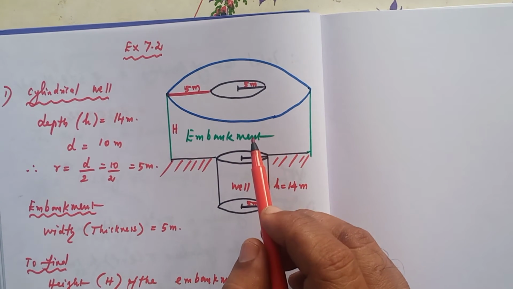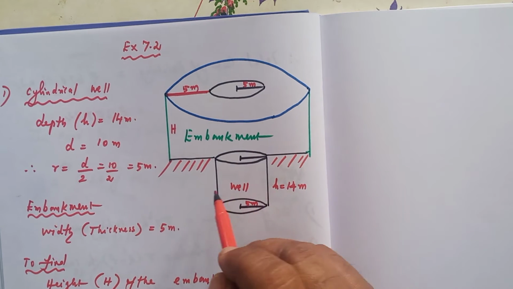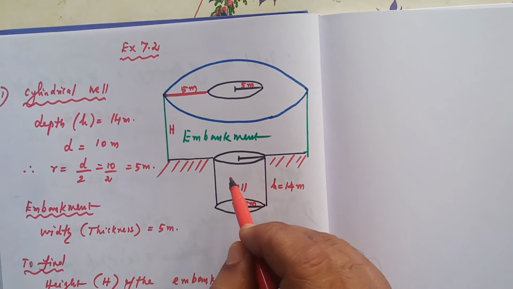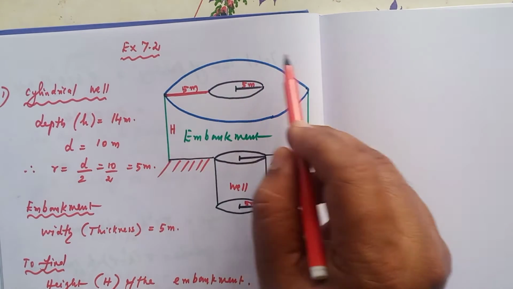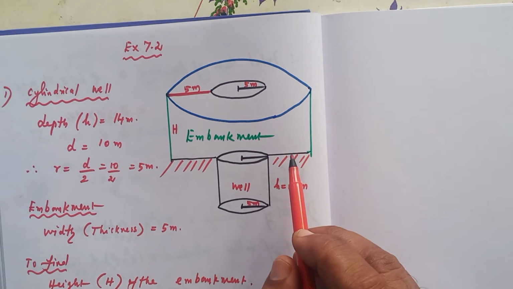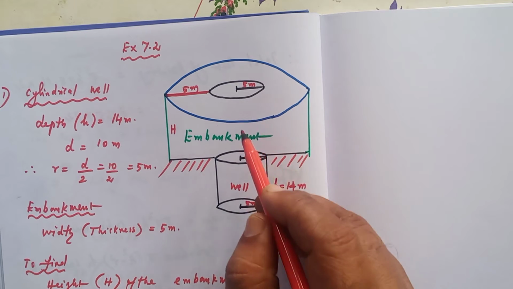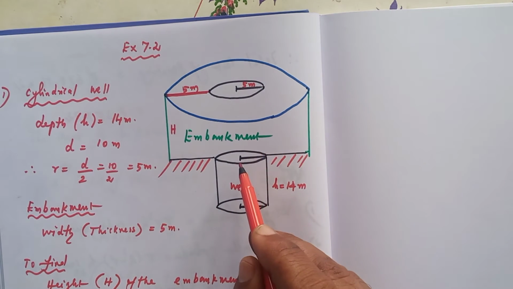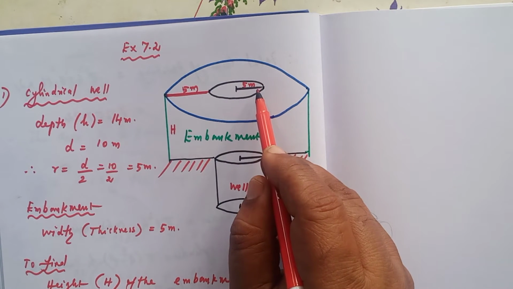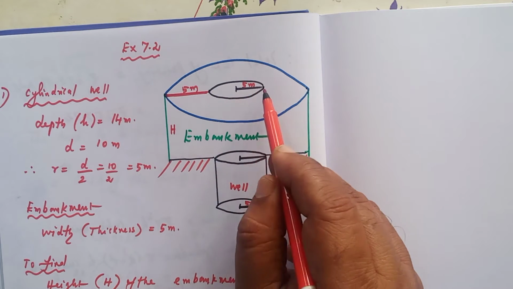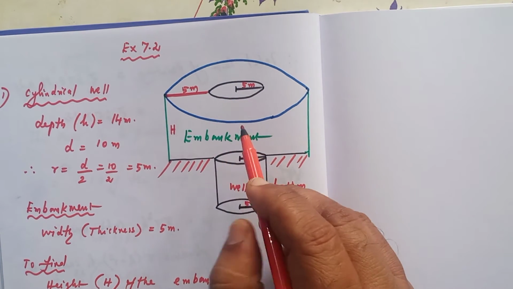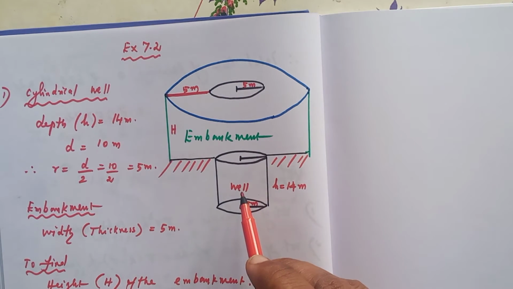Embankment means it covers the well in the shape of a cylinder. It is also in the shape of a cylinder. It's a hollow cylinder. Inside portion will be hollow. So look at that. It is 5 meter, and it is also 5 meter. So the inner radius is 5 meter. Right? So it's a hollow cylinder.